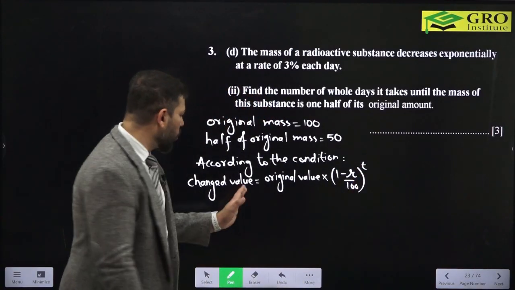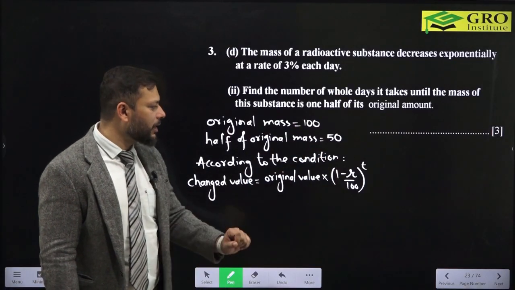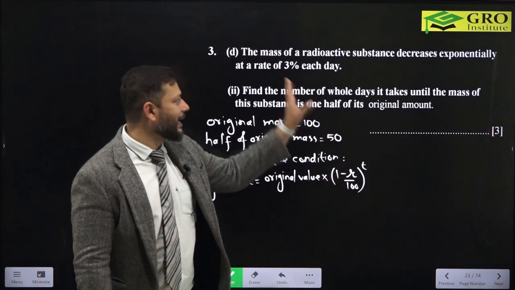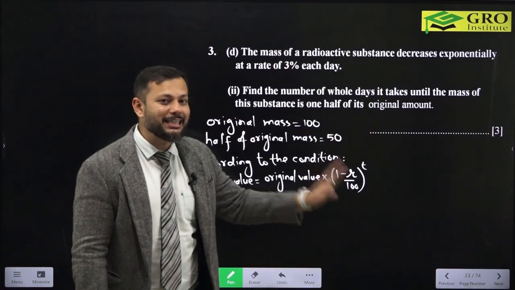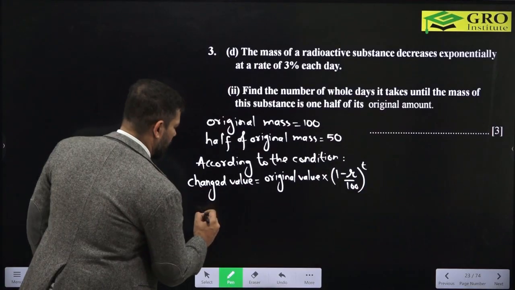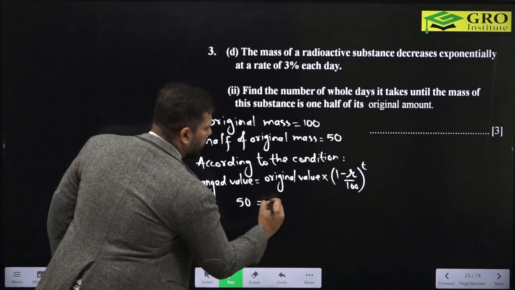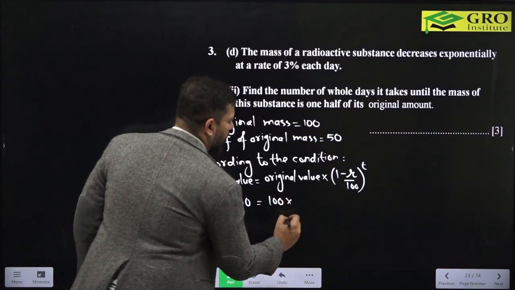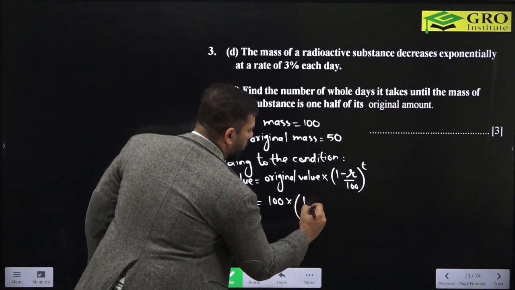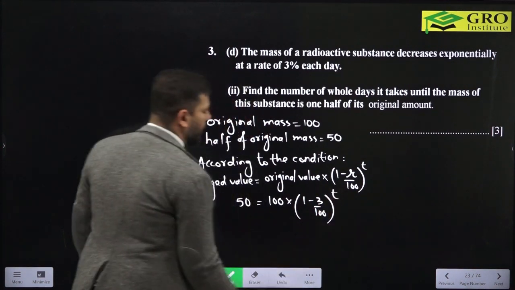So here we know the changed value, that is 50. We know the original value, it's 100. We know the rate percent, that is 3. We don't know t, that is the number of days. So we will try to find it out. Let us substitute the values. What is the changed value, guys? It is 50. Original value 100 multiplied with (1 minus 3 upon 100) raised to power t.